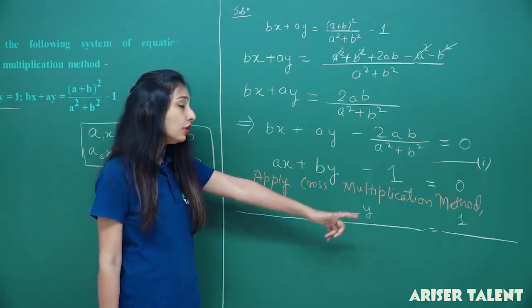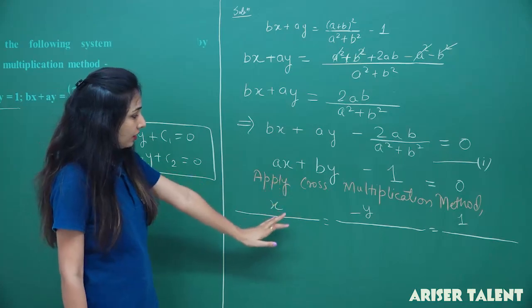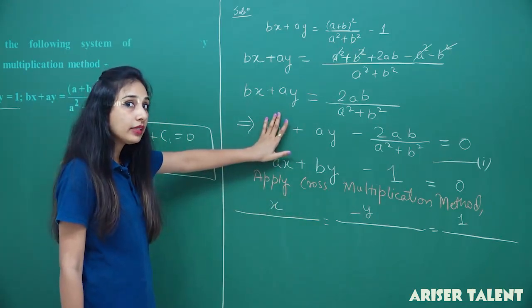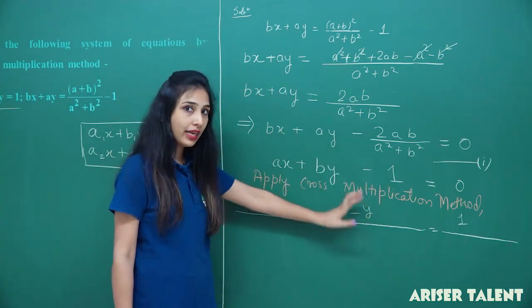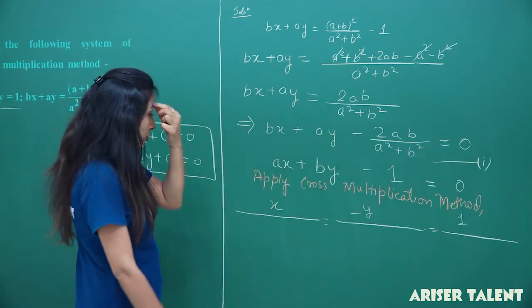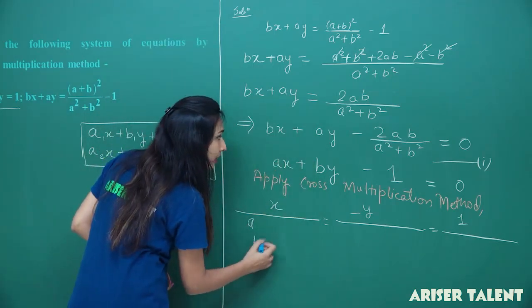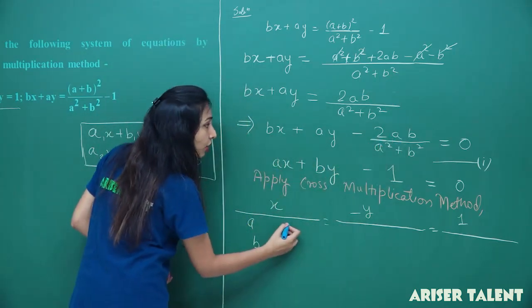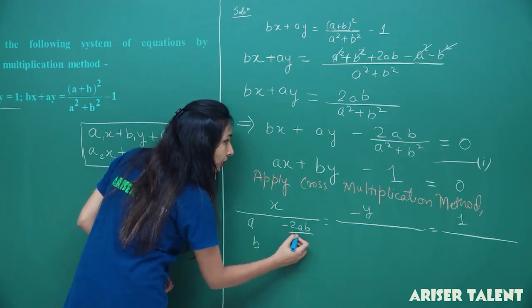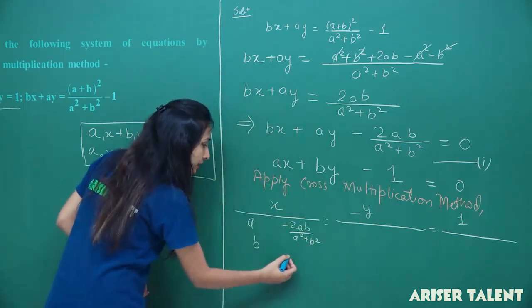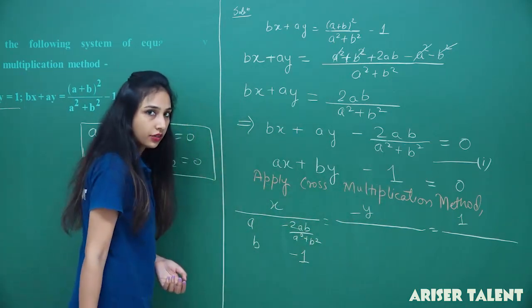Now what we have to do? We just have to pick whatever we are choosing, x, then hide this one and write these two terms. Okay, then cross multiply. So talking about this x, I am having here a, here b, here minus of 2ab upon a square plus b square. This side I am having minus 1. Right or wrong?